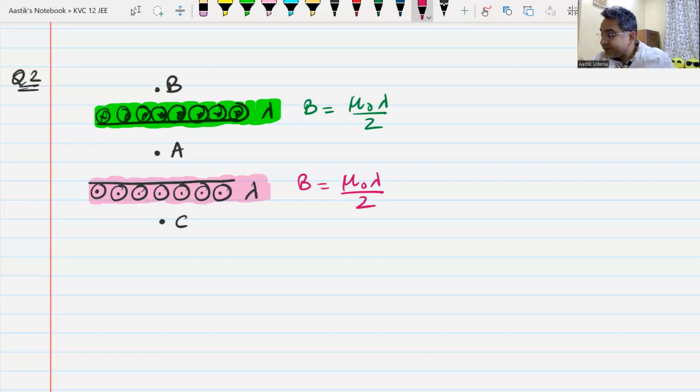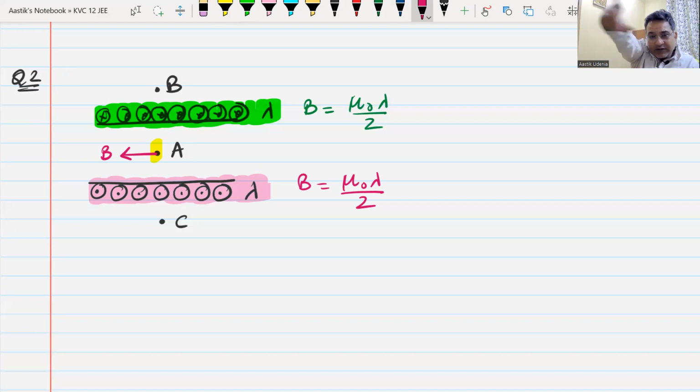Looking at point A, what will be the direction of the pink field? Current is coming out. Point P is here. It will go in this direction. So this field will go in this direction. Now looking at the top field, current is going inside. Point is downwards.